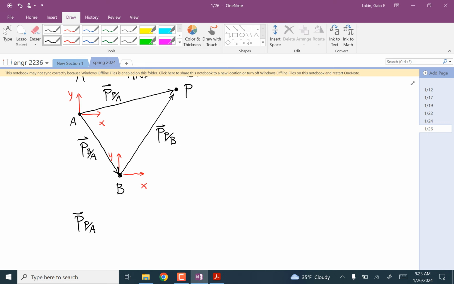So I'm going to write that as the position of P relative to B. I'm sort of doing it in the opposite order you would think, but plus the position of B relative to A.